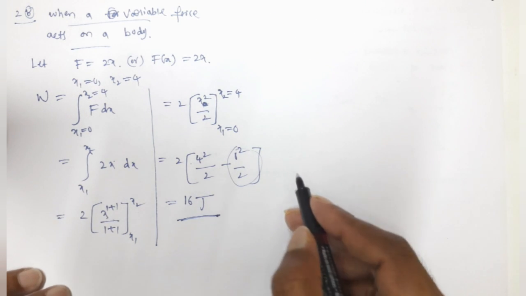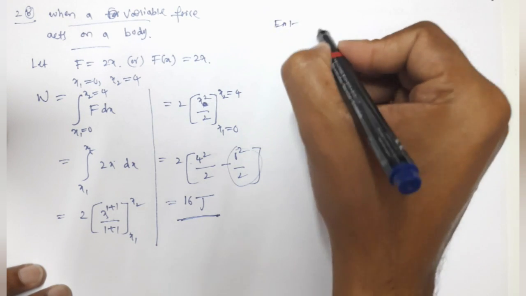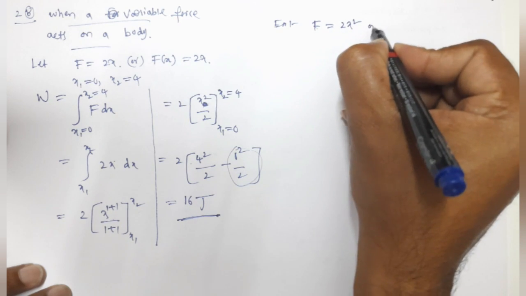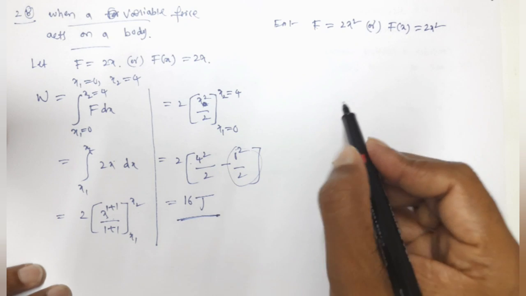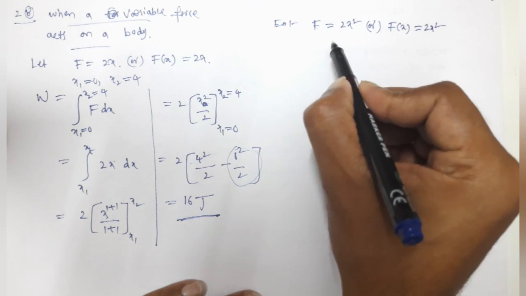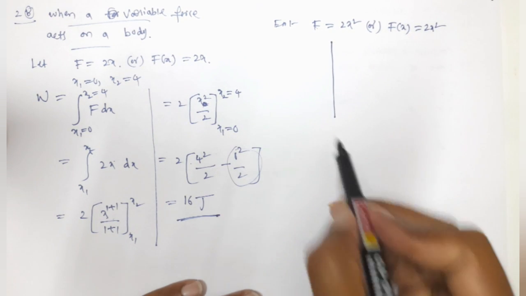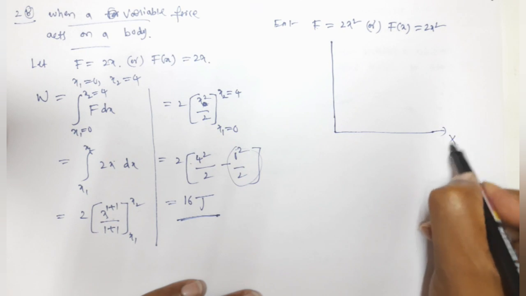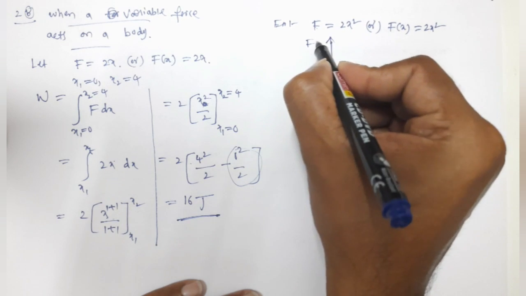Now let us take another example, f is equal to 2x square, which we can also write as f of x equal to 2x square. First let us take the graph between force and displacement. On the x-axis take x values in meters and on the y-axis take force values in newtons.